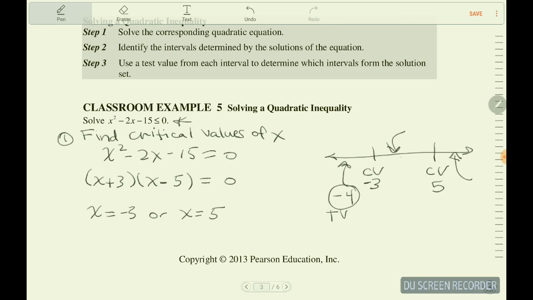In my second region, I'm going to look at 0 as a test value. 0 is always a great one to use if you can, because it makes your calculations easier. And on the right, I'll use 6 as my test value. So I've got 3 intervals, right? I ended up with 2 possible dividers to partition my number line into 3 sections. And I'm going to see which of those sections will be containing values of x, which are solutions to this inequality statement.